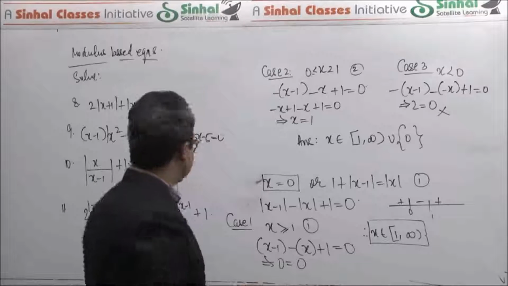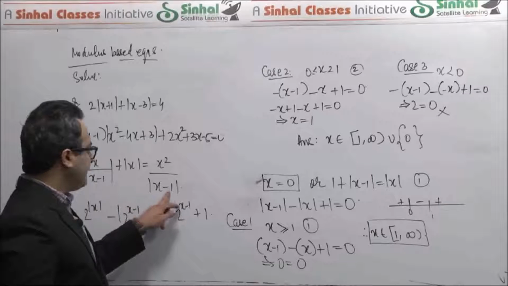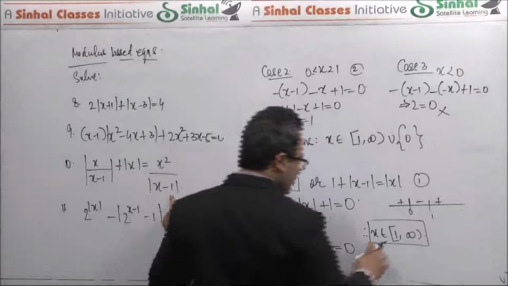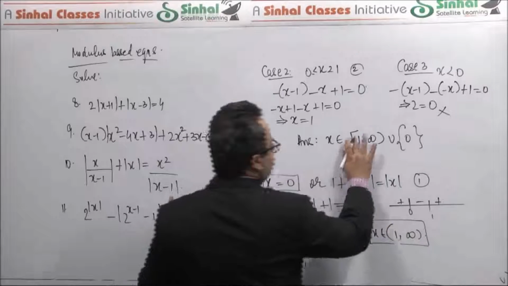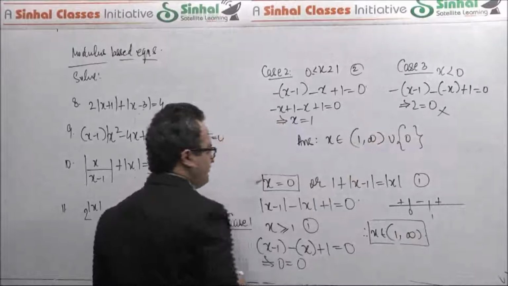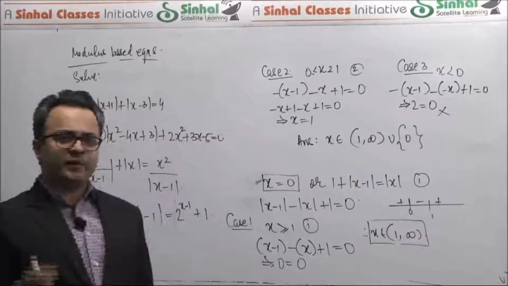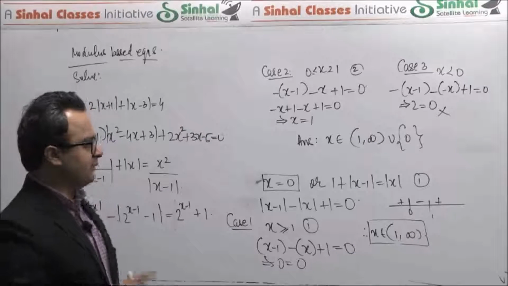Sorry, we had already written in the beginning that x itself cannot be equal to 1. So over here, we cannot accept 1. If x is equal to 1, the equation itself will not be defined, and therefore you cannot accept x equal to 1. So you have to reject it.